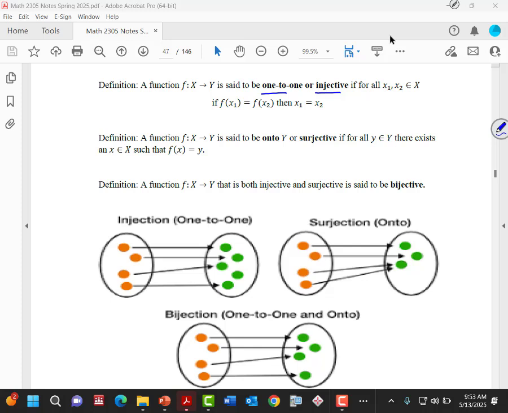If this is the case, don't worry, we'll take a look at some examples that illustrate this in just a second. But if this is the case, then we're simply going to say that the function is one-to-one or injective.